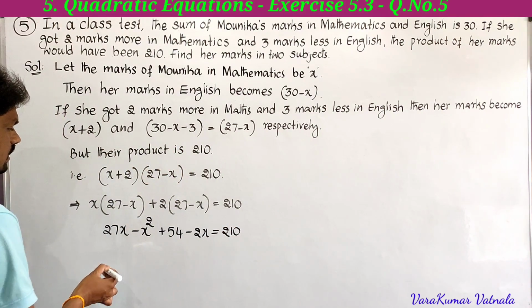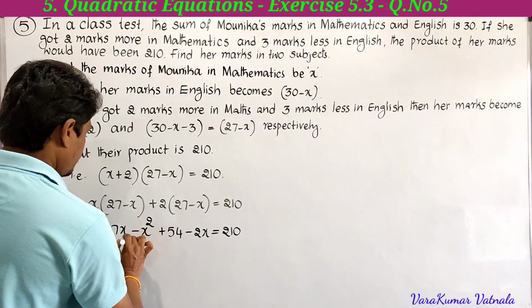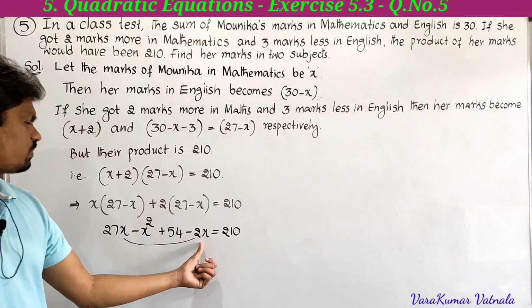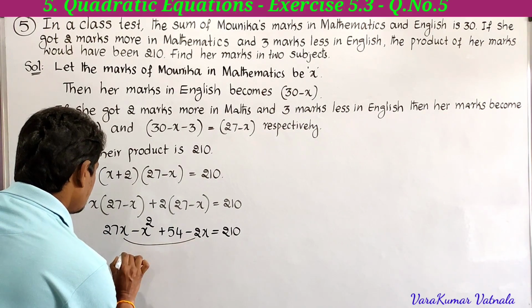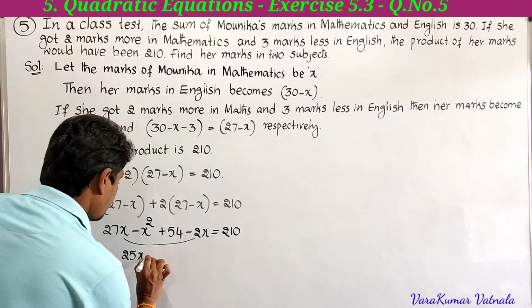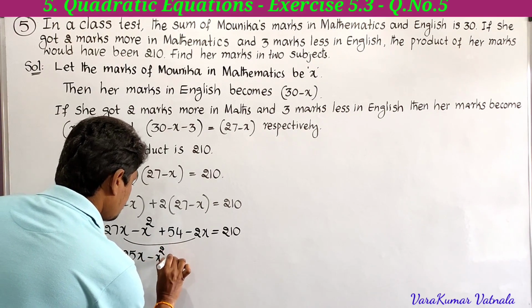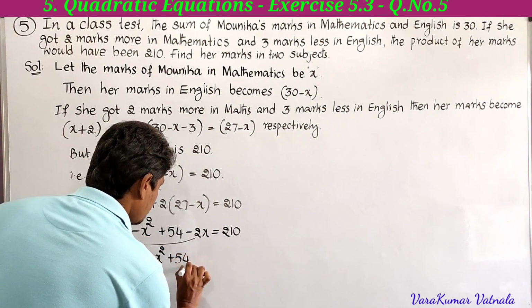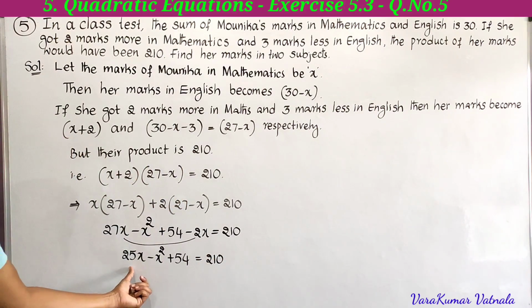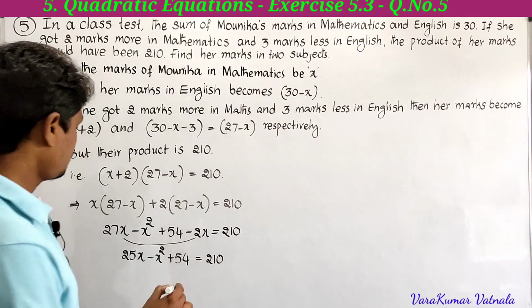So here these two are like terms, 27x and minus 2x. 27x minus 2x we get 25x. Here, minus x square plus 54 is equal to 210. So take all the terms to the right side.